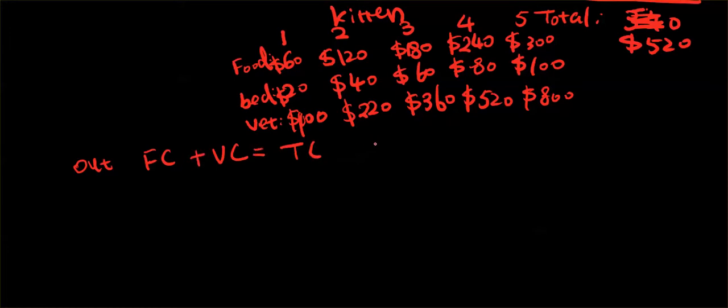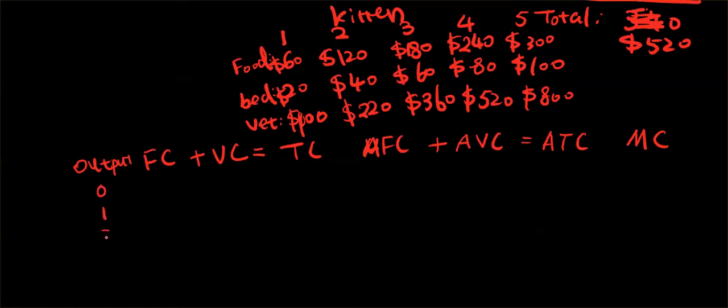And the next column is our average fixed cost. And the next is the average variable cost. The average fixed cost plus average variable cost gives us the average total cost. And then the last column is our marginal cost. Our possible output is 0 kittens, 1 kitten, 2 kittens, 3 kittens, 4 kittens, 5 kittens.